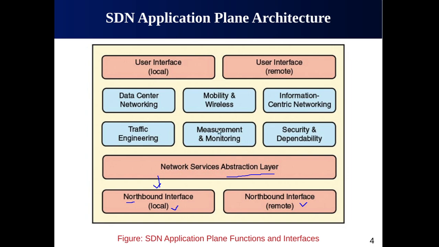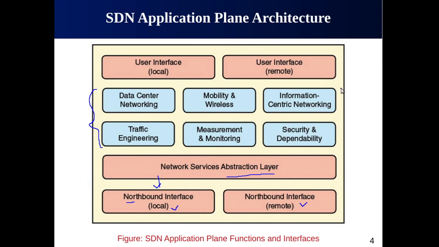Then we have different types of network applications on top of that, and that is what actually happens at the application plane. Many different network applications could be deployed for an SDN, and in this figure you can see 6 categories of them: data center related, traffic engineering related, mobility and wireless, measurement and monitoring, information centric, and security.